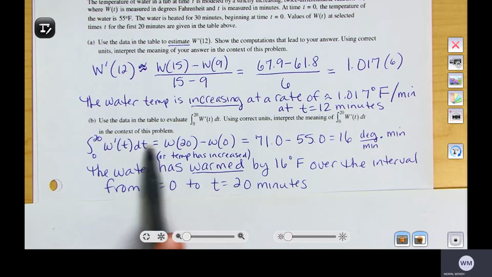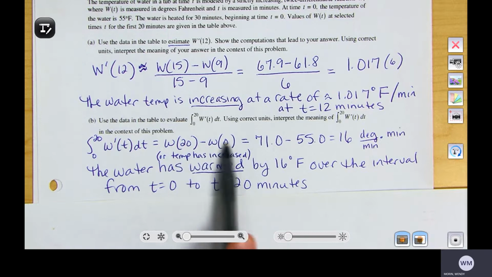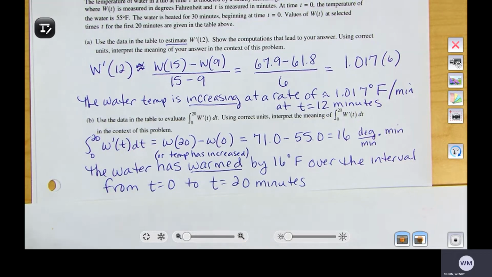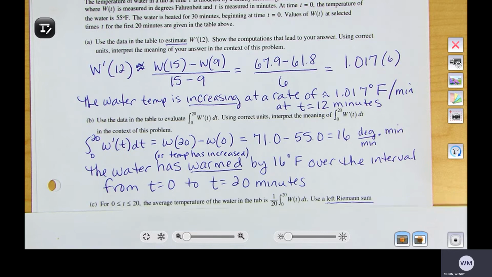That's what this represents, the change in temperature, or it could be the change in position if you were integrating velocity. Now, it's the change over this time interval. So again, make sure to include your units and your time: noun, units, time. Again, pause if you need to.